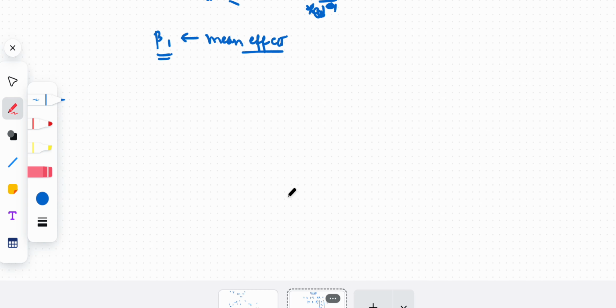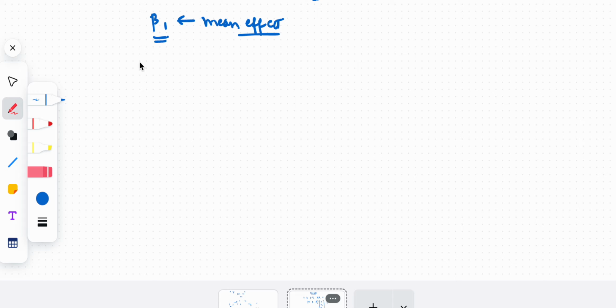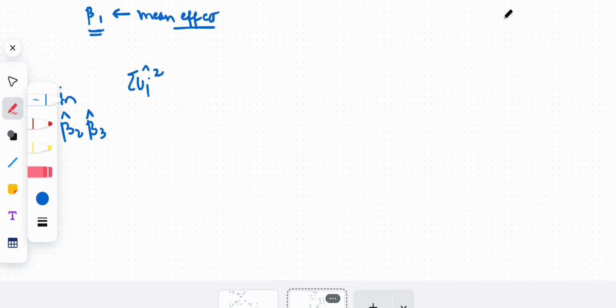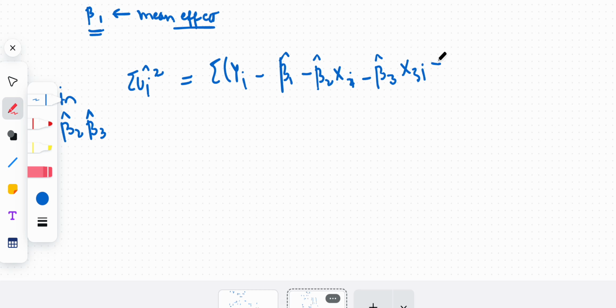Now the OLS estimators for this model will basically come from this problem. Problem goes something like this.